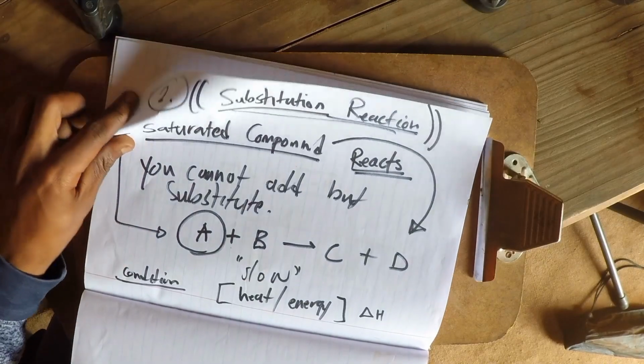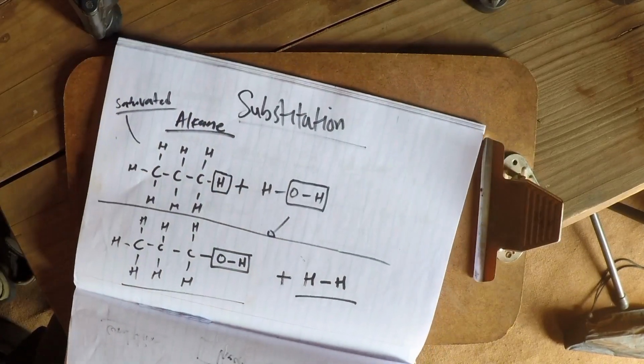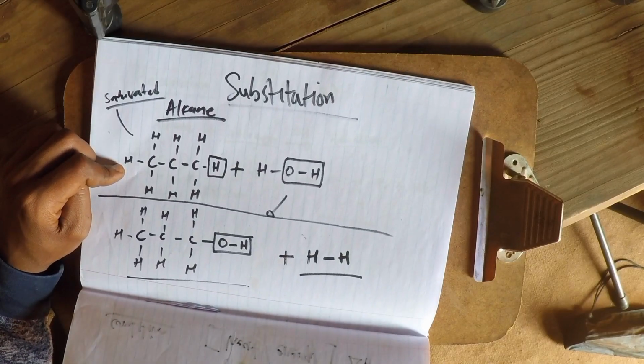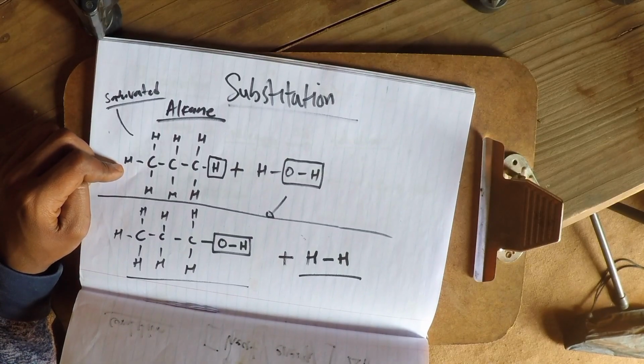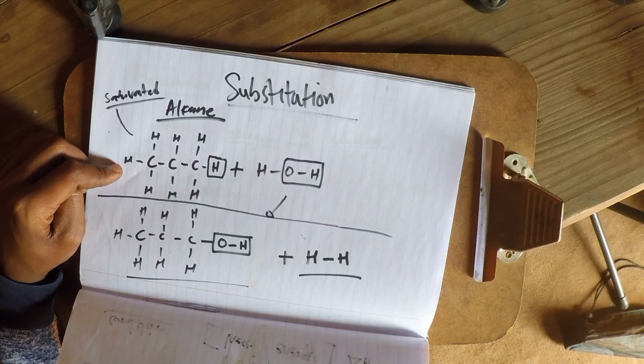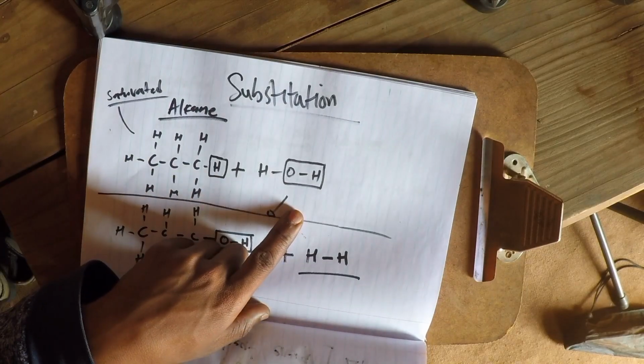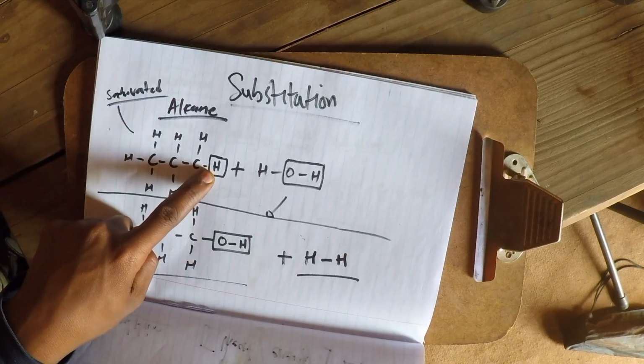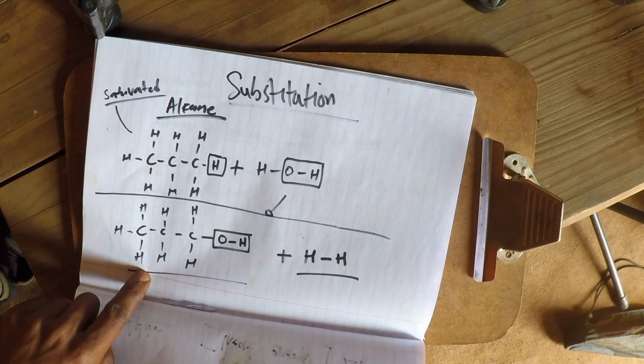That's substitution. An example of a substitution reaction is shown here. You have an alkane that reacts with water and the OH gets substituted with the H in the alkane. Therefore, you get an alcohol.